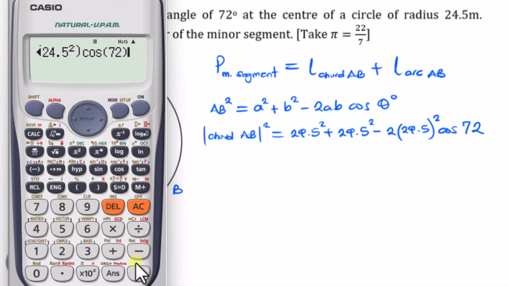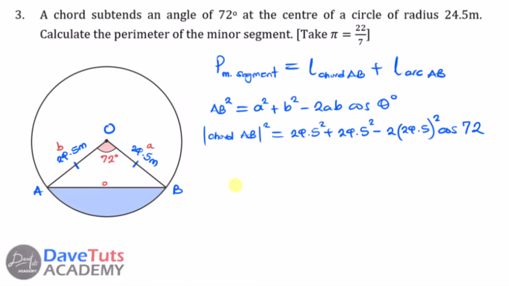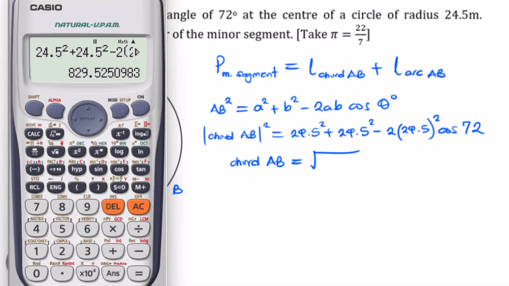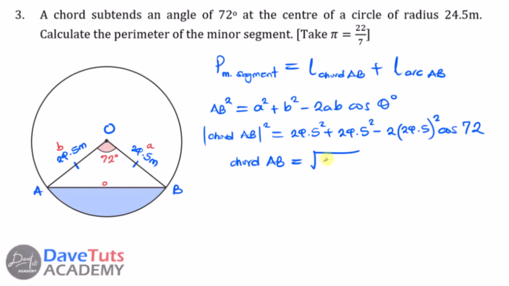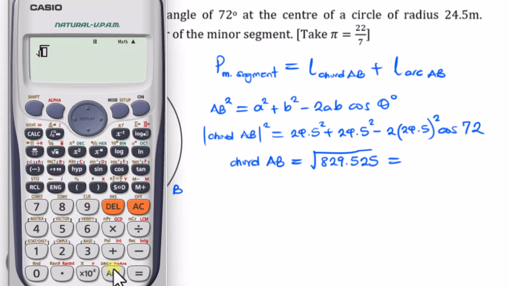So what's that going to give me? 829.525. So I have it that AB in that case is going to be the square root of 829.525. What's that going to give me? The square root of the answer I just got is 28.8.